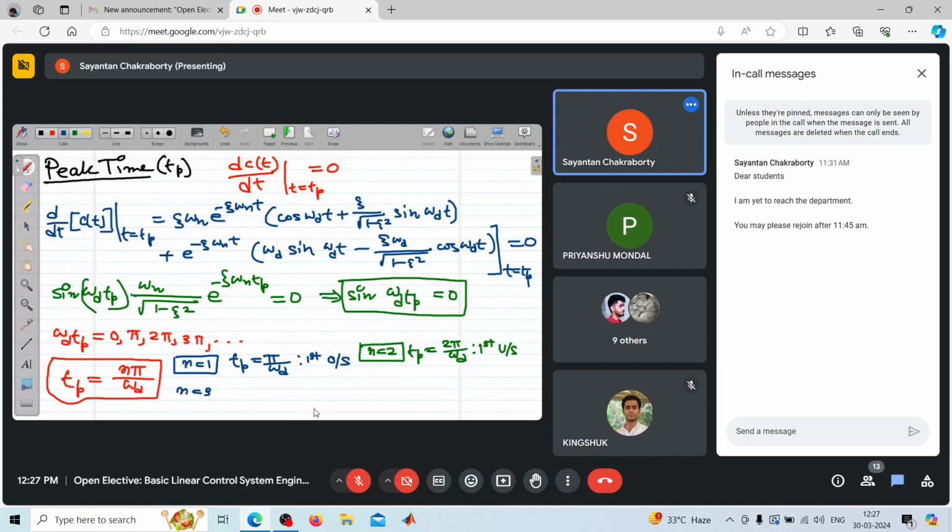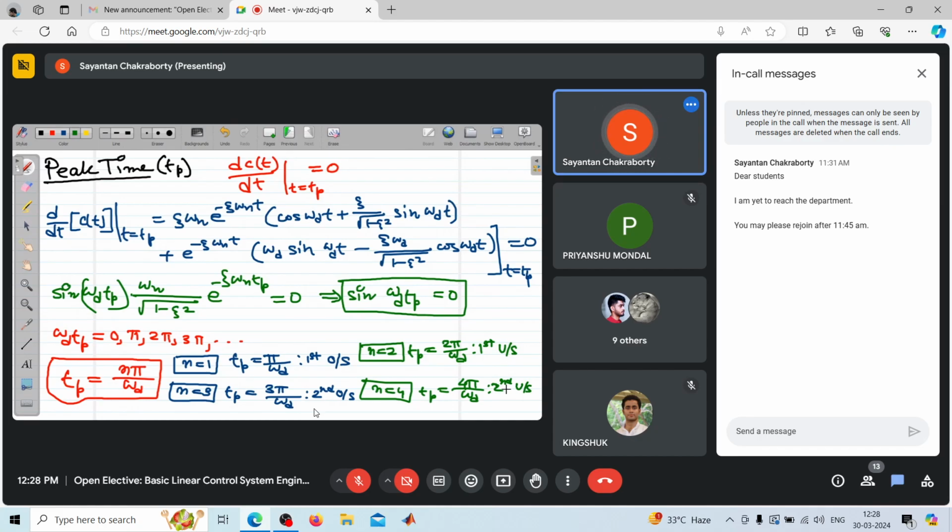Then n equal to 3 will correspond to Tp equal to 3 pi by omega d, second overshoot. Similarly, n equal to 4 corresponds to 4 pi by omega d, second undershoot, and so on. So at an interval of pi by omega d, it will reach a maxima or minima, overshoot or undershoot.